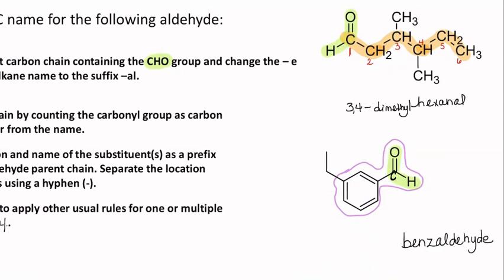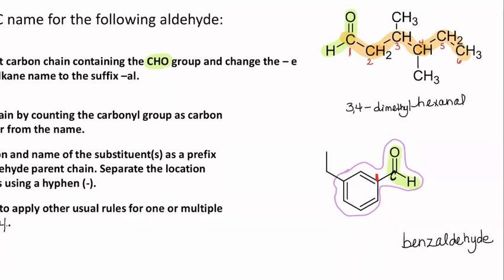Okay. Now, how do we deal with benzaldehydes? Well, the carbon that is holding the CHO in the benzene ring is going to be carbon number 1. And then, similar to how we have numbered other cyclic systems, we have to decide if we go clockwise or counterclockwise.